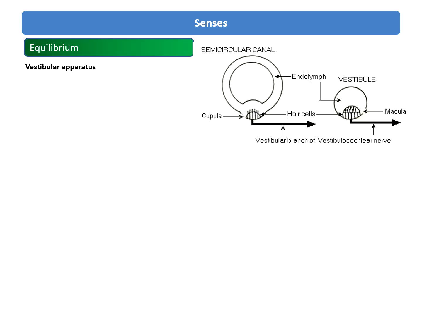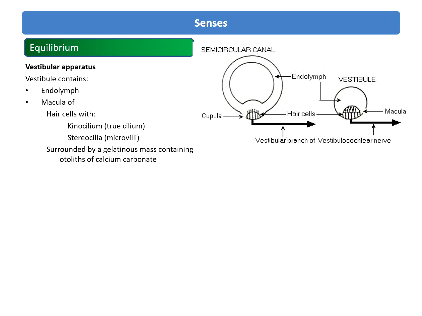The vestibular apparatus includes the vestibule that contains endolymph and a macula composed of hair cells containing a kinocilium, a true cilium, as well as stereocilia, and it's surrounded by a gelatinous mass containing otoliths of calcium carbonate, literally teensy-weensy bones.